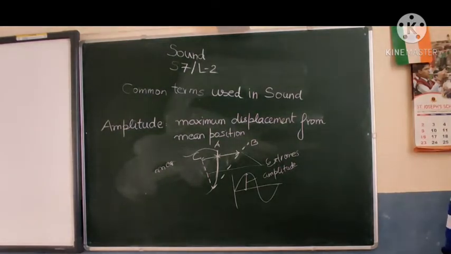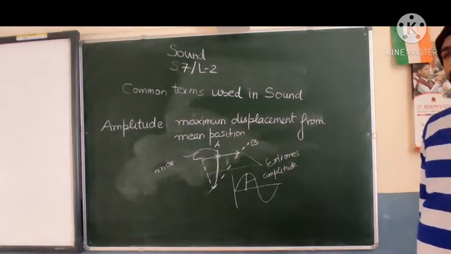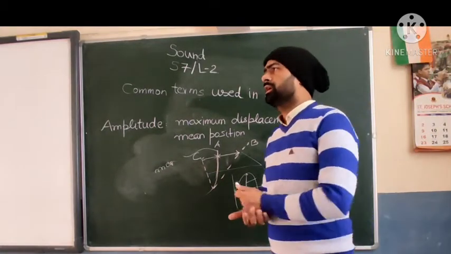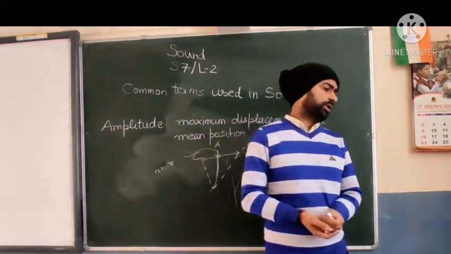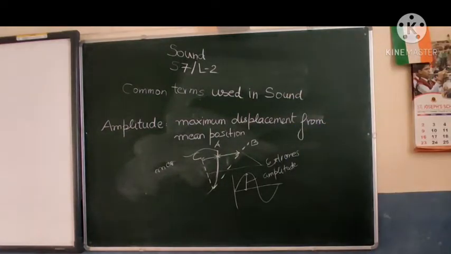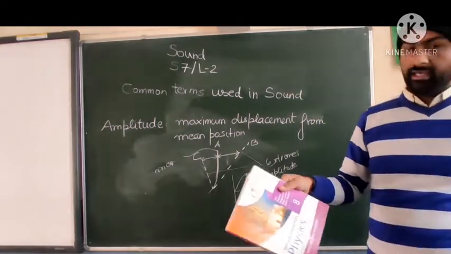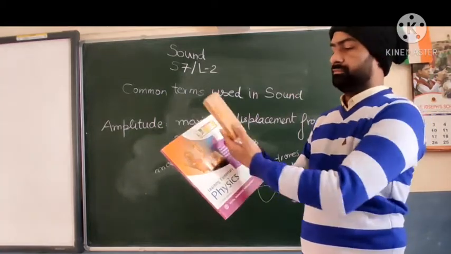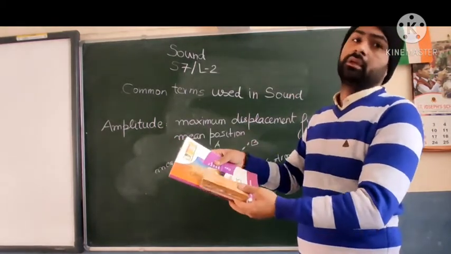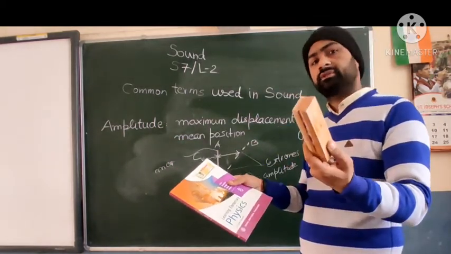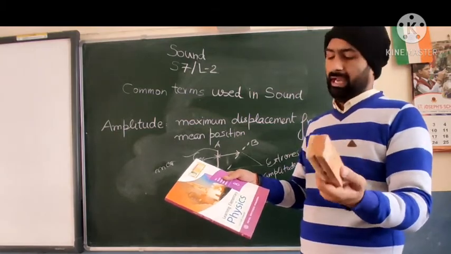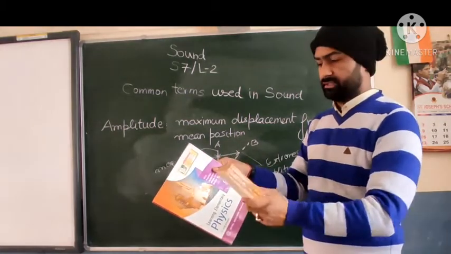See, if a stationary body is struck slowly or with less force, it has less amplitude. Suppose this is some sort of a metallic plate and this is a wooden hammer, and I am striking it like this.